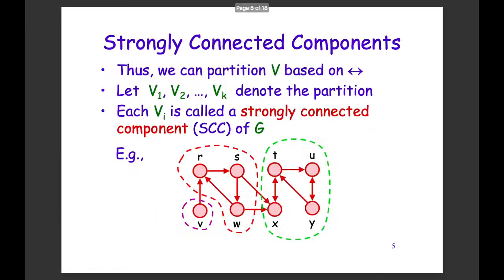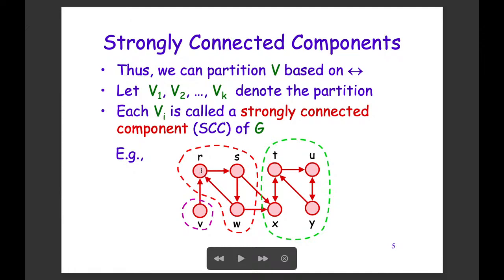Let's see this as an example. Using the mutually reachable relationship, we can partition or classify the vertices of the graph into groups. For instance, take this red part. R is mutually reachable to S, because R can reach S by a directed path, and S can also reach R using a directed path.